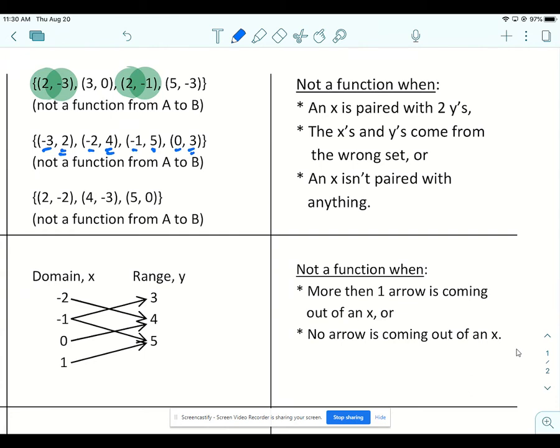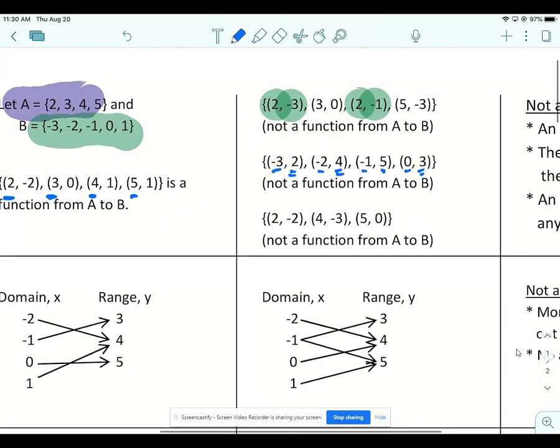Your whole set A has to be used, 2, 3, 4, and 5. On this relation, 3 isn't used, so it's not a function from A to B.